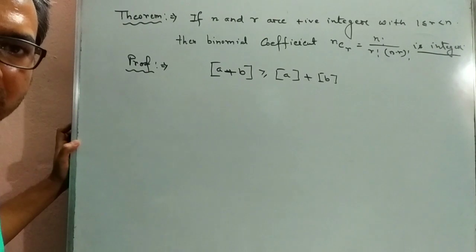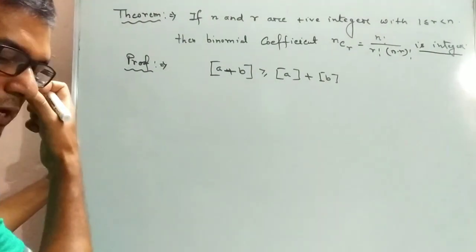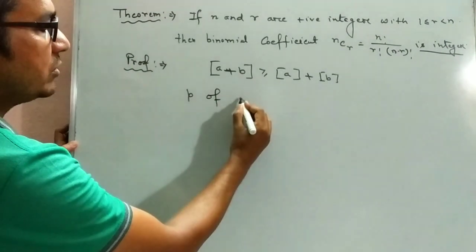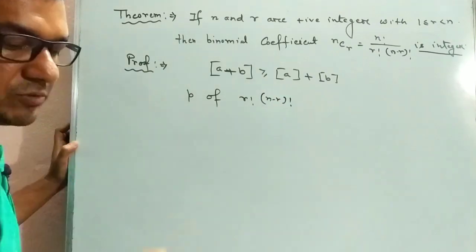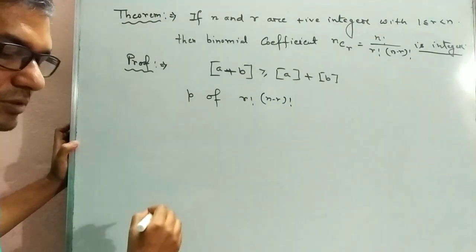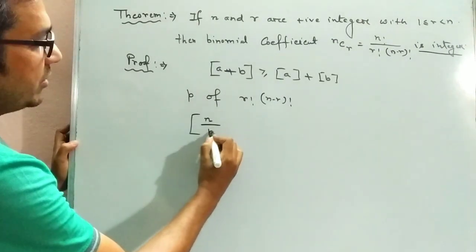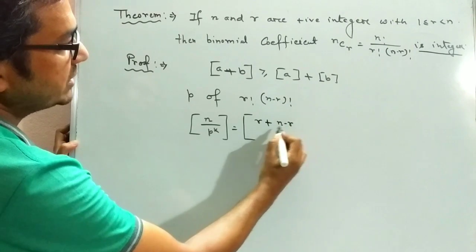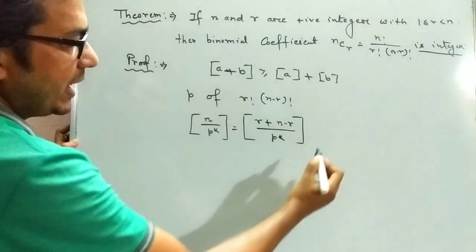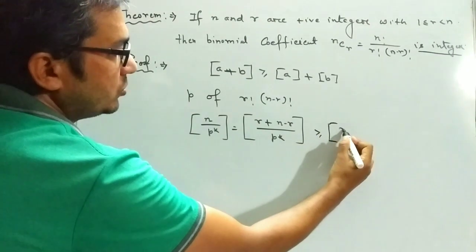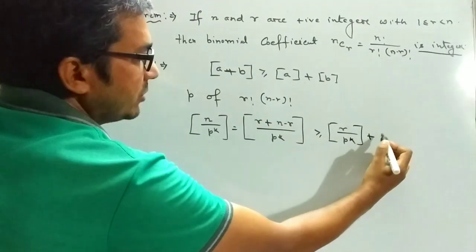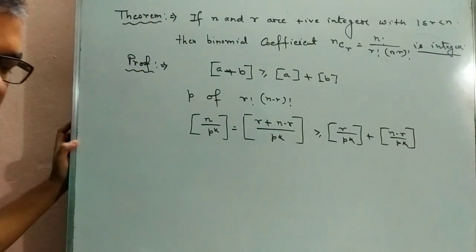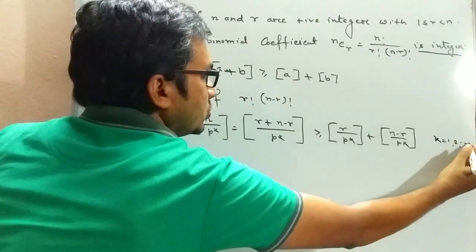In particular, for each prime divisor p of r factorial into n minus r factorial, we get box n by p to the power k equal to box r plus n minus r by p to the power k, and this can be written as greater than or equal to box r by p to the power k plus box n minus r by p to the power k, for k equal to 1, 2 to infinity.